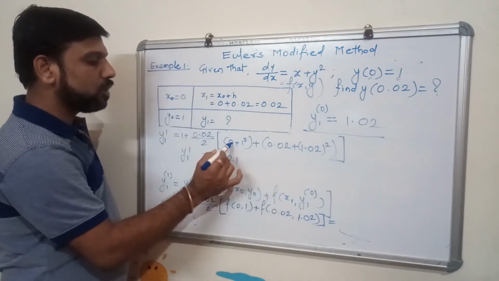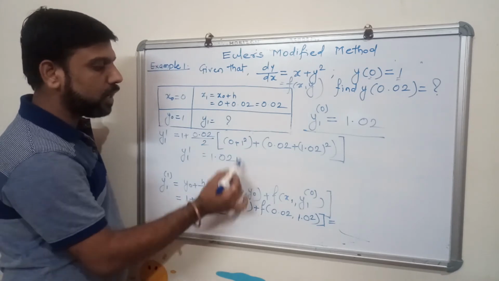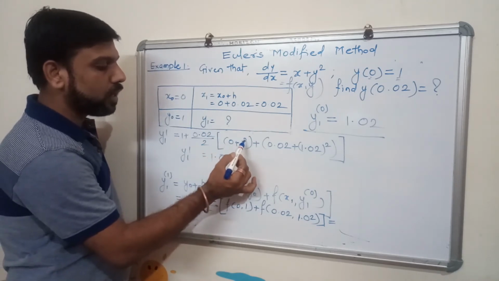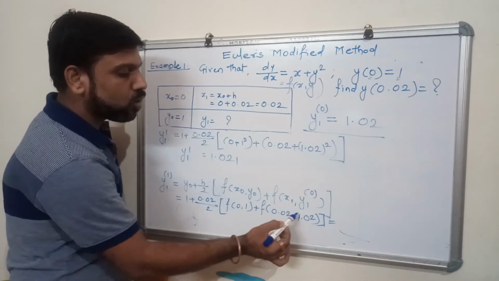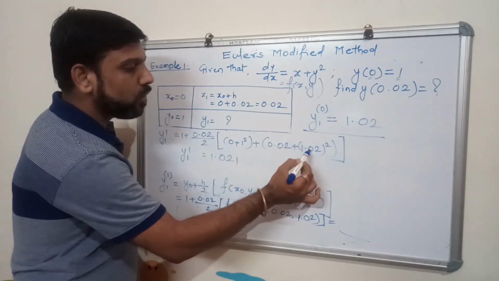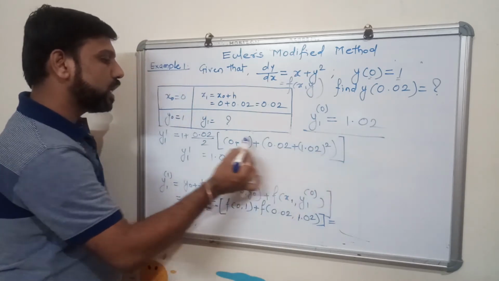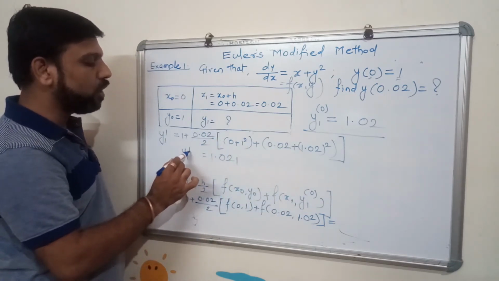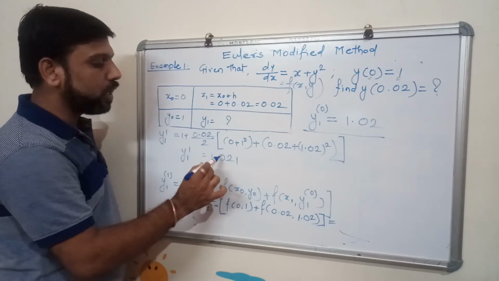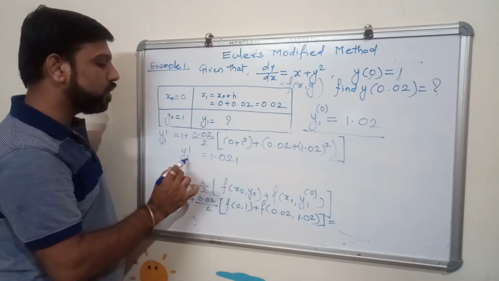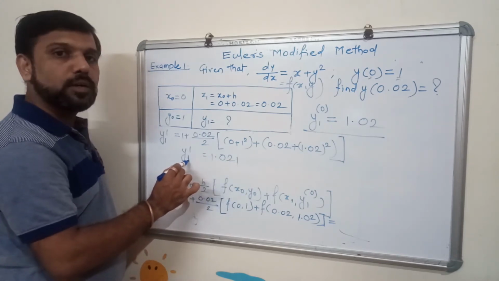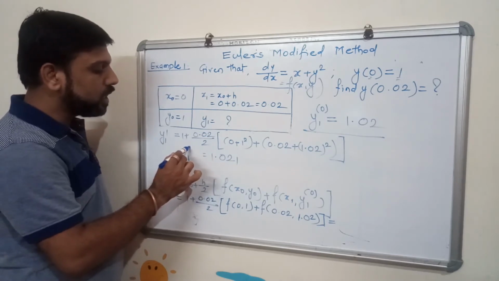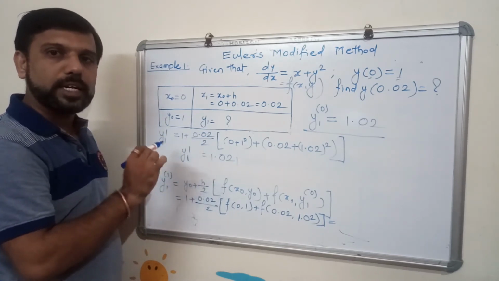Now this expression we simplify: f(x, y) is x + y². Similarly f(x, y) is x + y². If you simplify this calculation on the calculator, we get the answer y1^{(1)} equals 1.021. So this is the first iteration y1, and this one is the first approximation for that iteration.